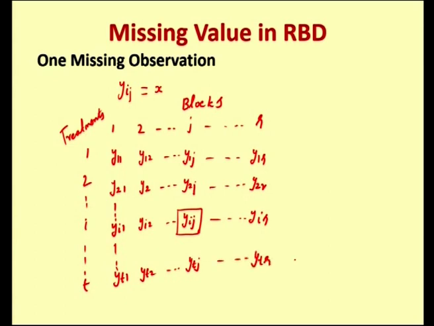The totals for each of the treatments are Y1 dot, Y2 dot, and since this observation is missing, the total can be written as Yi dot dash plus X. So, this is Yi dot plus X, and for the tth row the total is Yt dot, and the grand total would be Y double dot dash plus X.